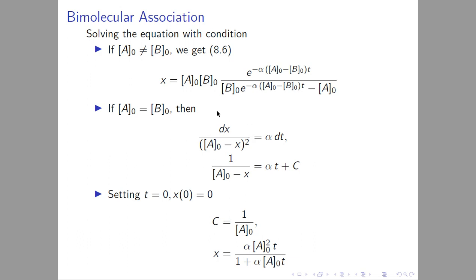If we integrate this, we have 1 over A naught minus x equal to alpha t plus c, and setting t equal to 0, x equal to 0, we can get the solution for C. So C equals 1 over A naught. Putting back in and rearranging, we get x equal to alpha A naught squared T over 1 plus alpha A naught T.